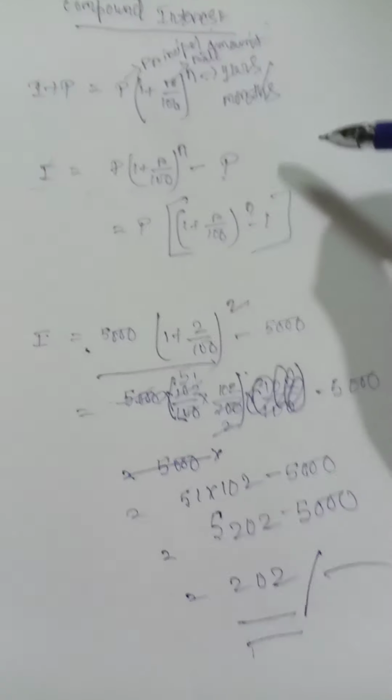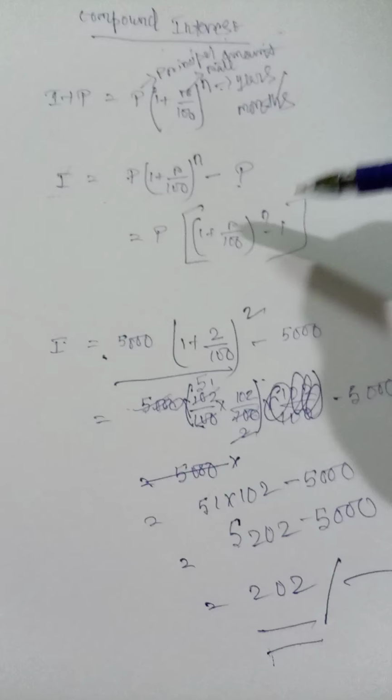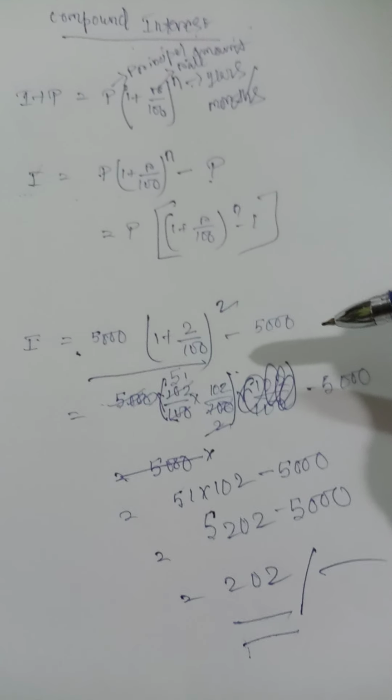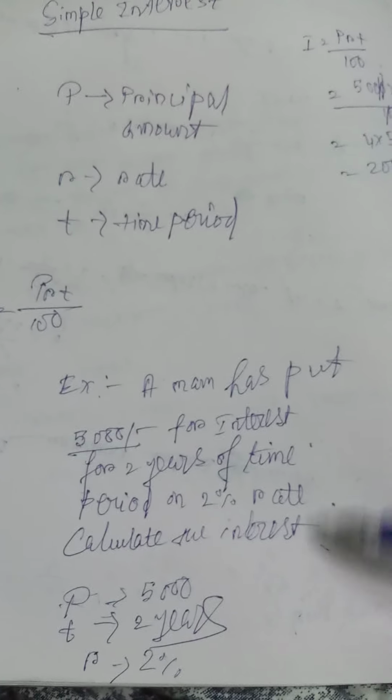We did this same calculation using the compound interest formula. The given data is the same as the previous question. We are talking about this question as we solved previously.